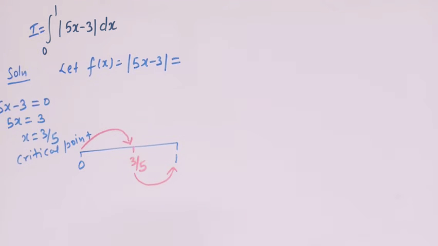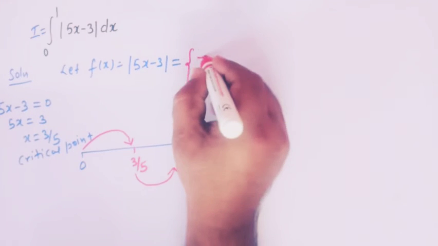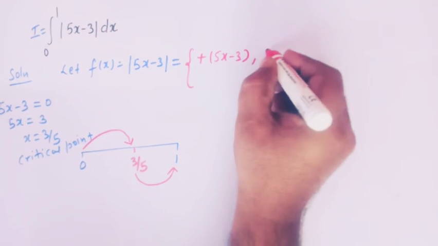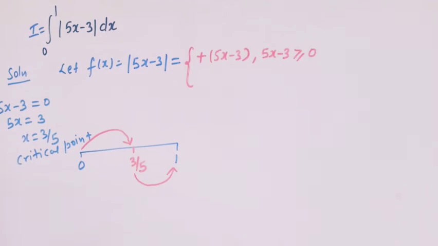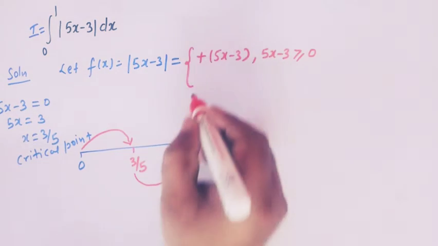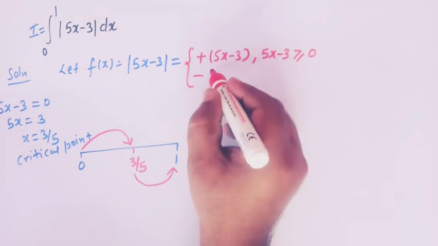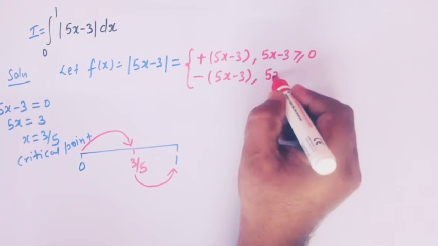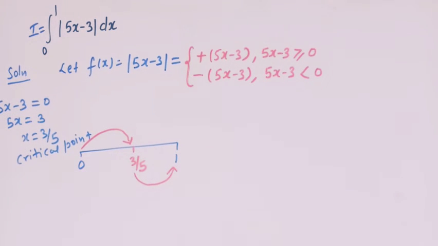So here mod of 5x minus 3 is positive 5x minus 3 whenever 5x minus 3 is greater than or equal to 0, right? And mod of 5x minus 3 is negative of 5x minus 3 whenever 5x minus 3 is less than 0, right?